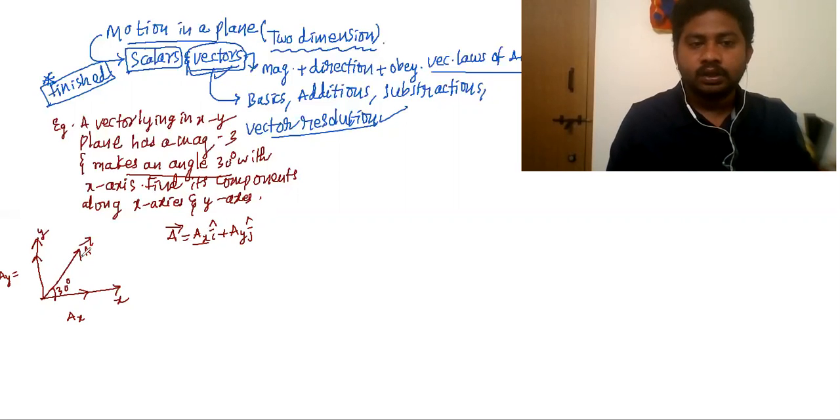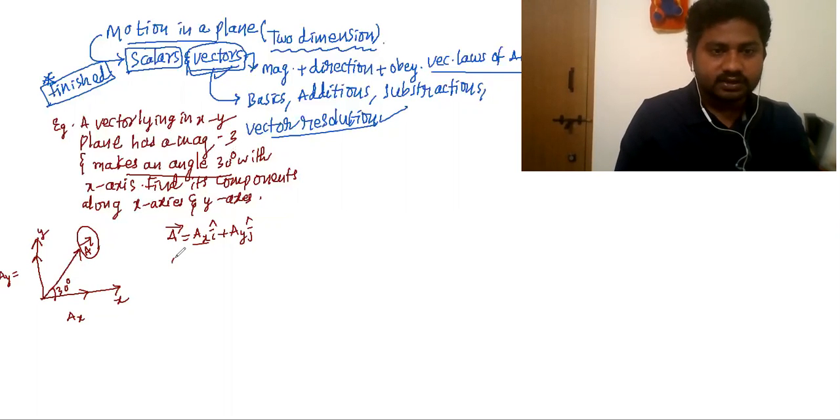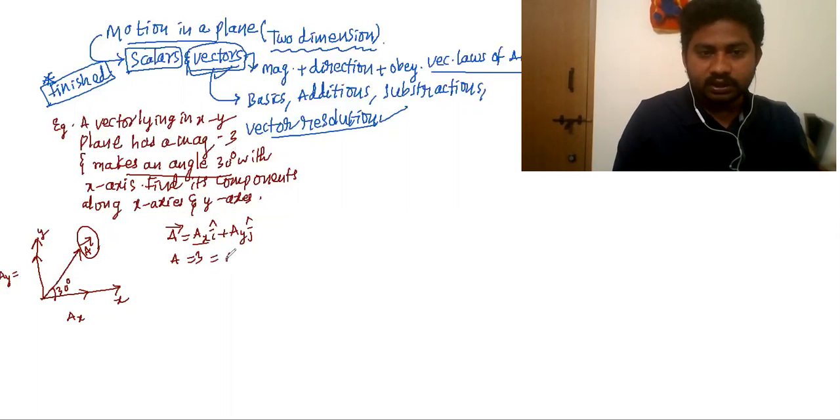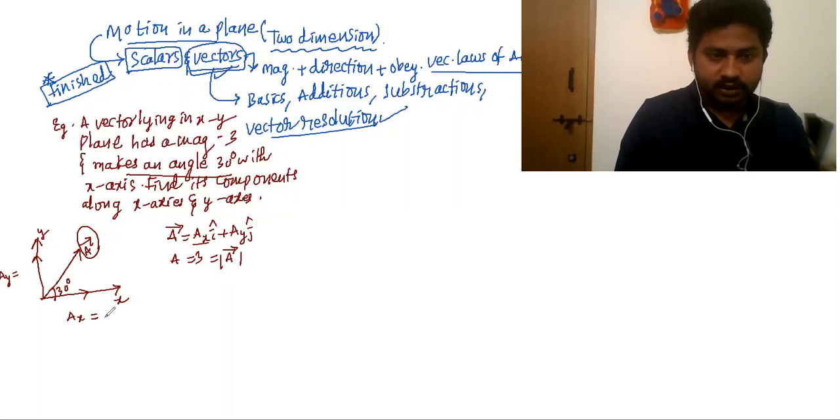Now, what is Ax? So simple. The magnitude of this A bar is given as 3, so magnitude of A bar is A, which is equal to 3. This can also be written as modulus of A bar; both are the same. You have the components concept: Ax is equal to A cos theta.